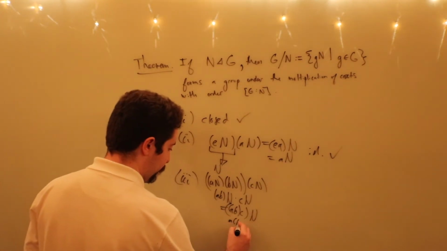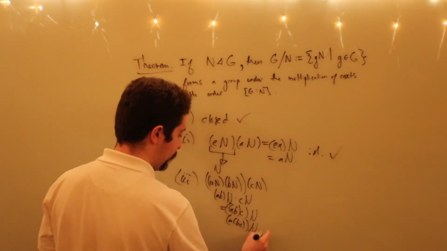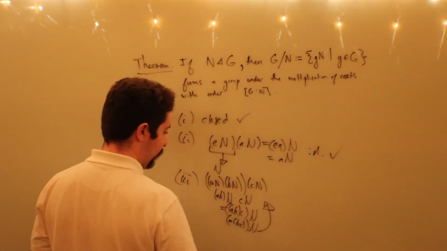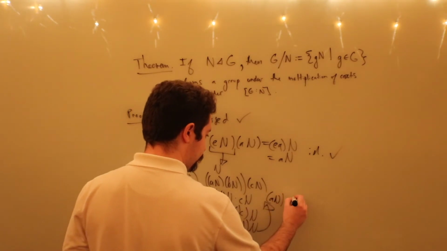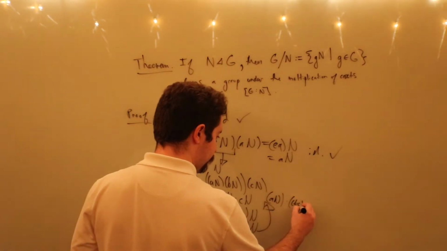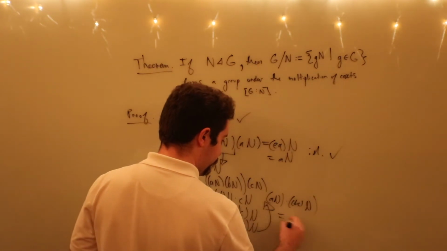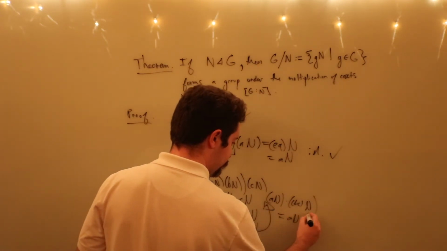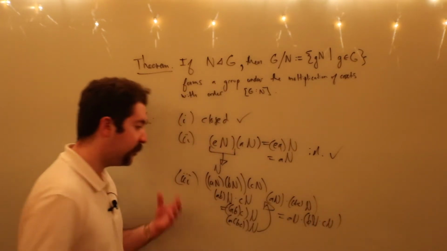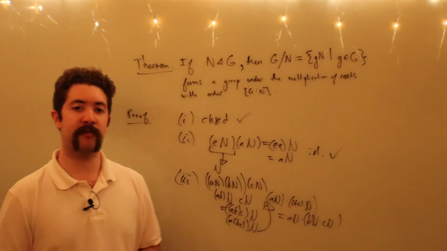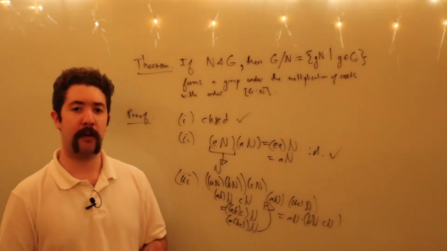So a times b times c times N, and then you work your way back up, right? So we have aN times (bc)N is equal to aN times bN times cN. So we do have associativity, and it follows from associativity under the normal group law.